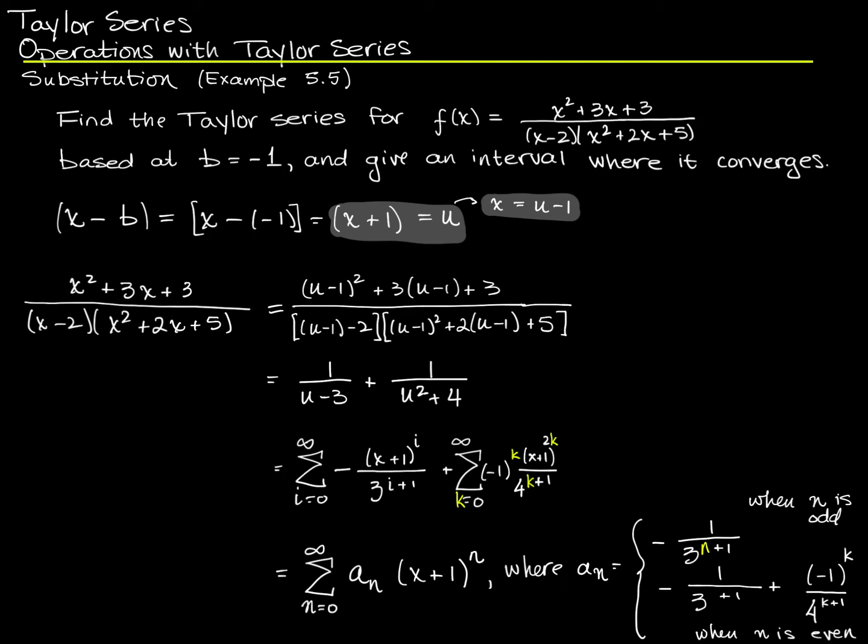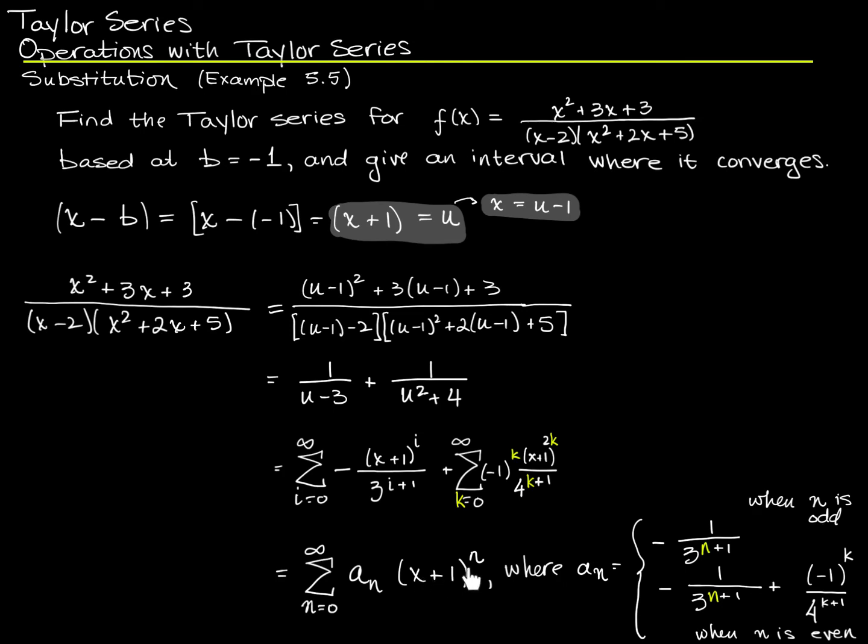So I have an n and an n, because for that term, when n is odd, I have 3 to the power of 0 plus 1, 1 plus 1, 2 plus 1, 3 plus 1, and so on, 4 plus 1. When n is odd, we use this. When n is even, we use this. So that part of it is okay, but now we have to figure out how to write this part.